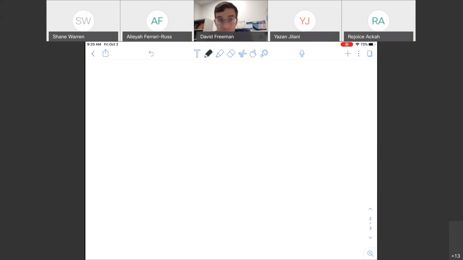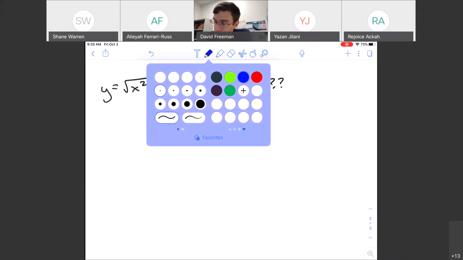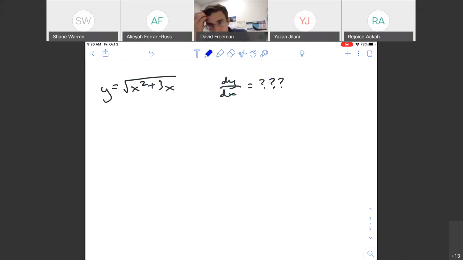So let's look at a similar problem. y equals the square root of x squared plus 3x. What's the derivative? Well, it's true, there's no third variable, right? So how do we approach it?